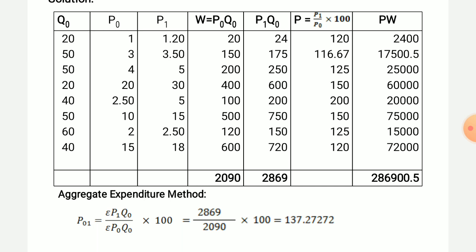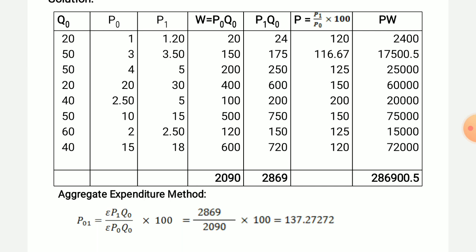Therefore sigma PW is equal to 2,86,900.5, sigma P1Q0 is equal to 2,869, and sigma W is equal to 2090.